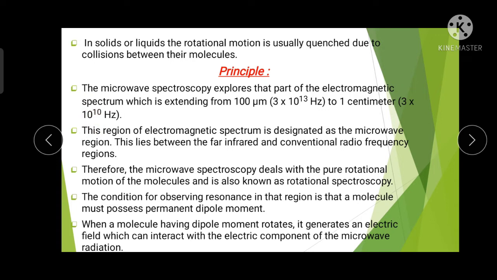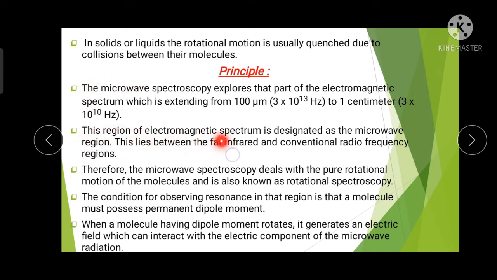This is the wavelength range of microwave spectroscopy in the electromagnetic spectrum, or in terms of frequency, from 3 into 10 to the power 13 hertz to 3 into 10 to the power 10 hertz.